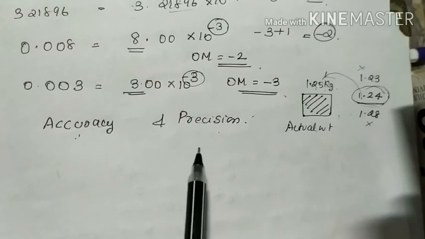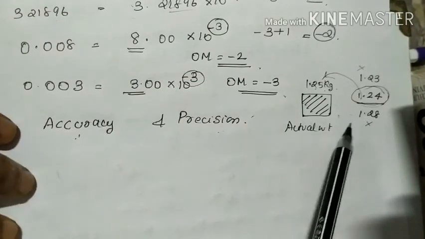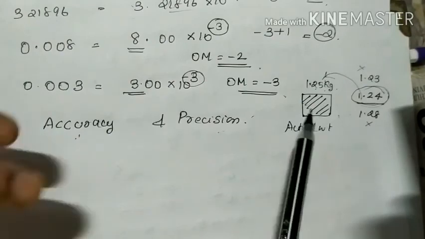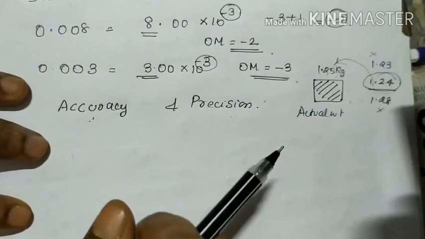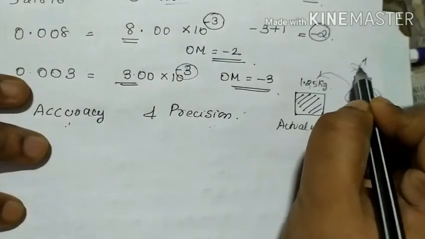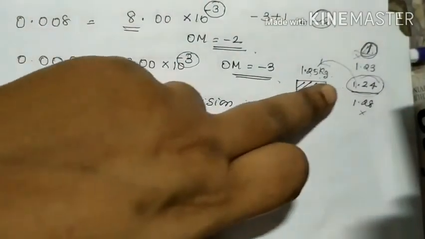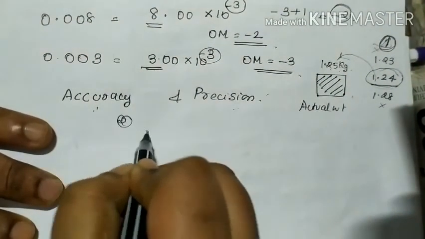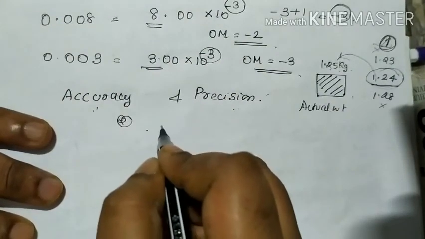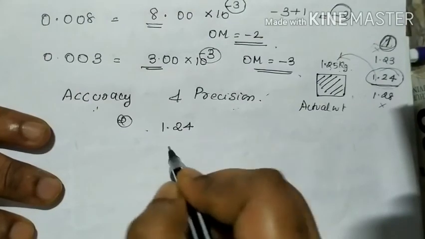Now the next hero comes up, precision. Let's say the same weight I'm going to measure. I had 2 weighing gauges. Let's say this one is the first weighing gauge. See, I'm very lazy, that's why. This is the first weighing gauge which I had, and my brother had another weighing gauge and he measured the value. 1.24 kilogram.